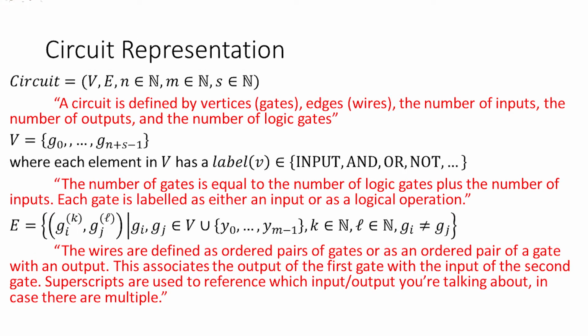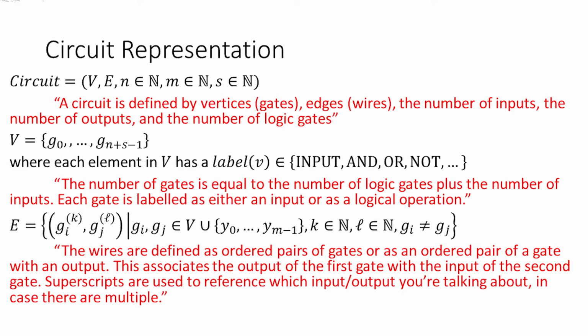Those values are going to be the set of all of the vertices, which are representing gates, the set of all of the edges, which are going to be representing wires, and then 3 numbers: the number of input bits, the number of output bits, and the number of gates. So we're going to represent a circuit as these 5 values, V, E, N, M, and S, corresponding with those 5 things.